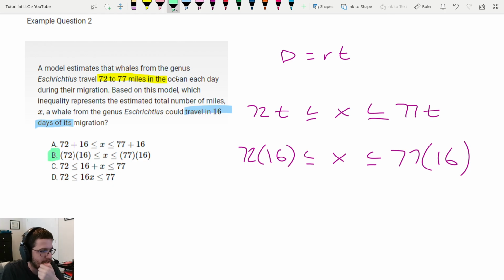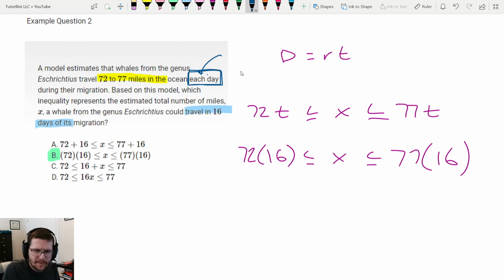So yeah, it was basically just distance equals rate times time. So 72 miles each day. Not always, but a lot of the time, "each" tells us multiplication and division. So I feel like that was a keyword, each. So 72 miles each day for 16 days, you would multiply those.